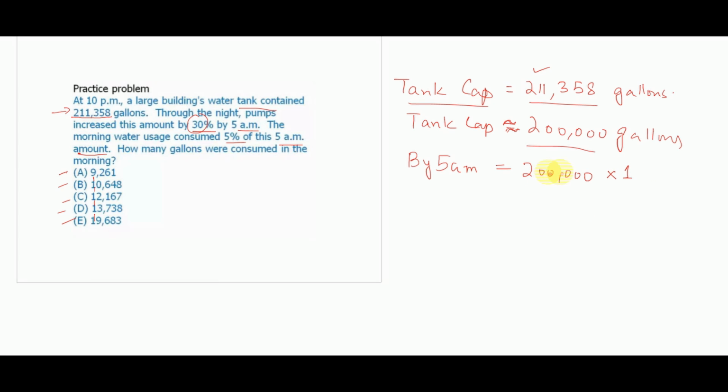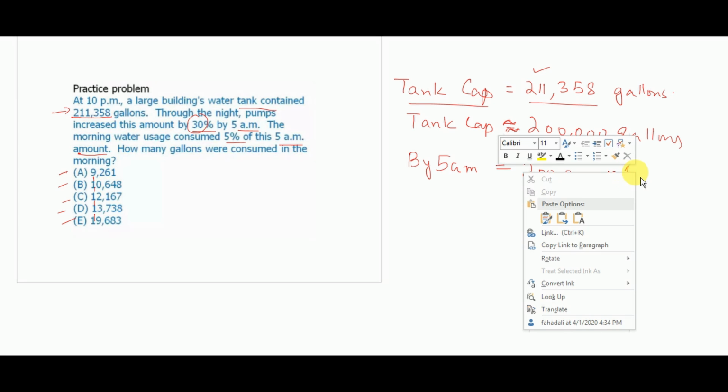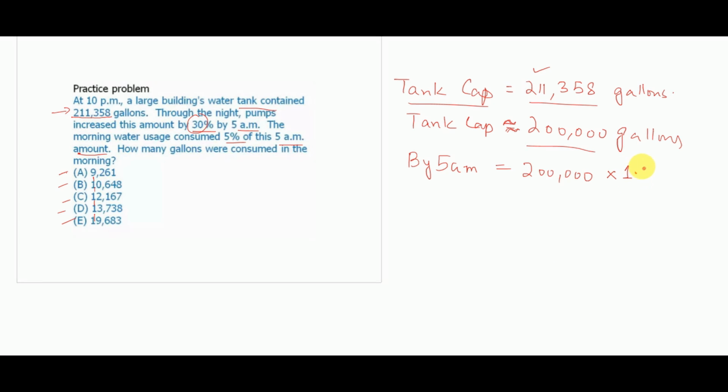We get 200,000, which means that this 1 represents 100%. For an additional 30%, instead of 1, we multiply by 1.3. So this 0.3 will give us an extra 30% in addition to the 200,000.